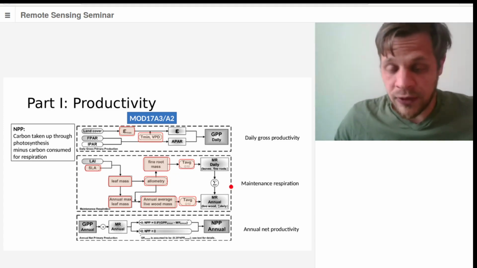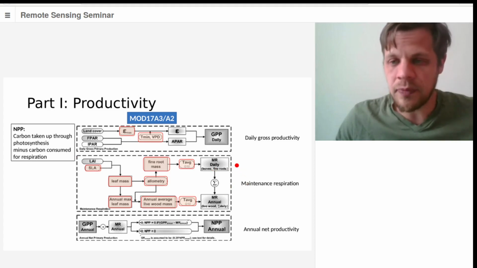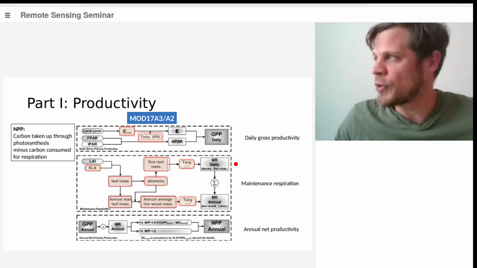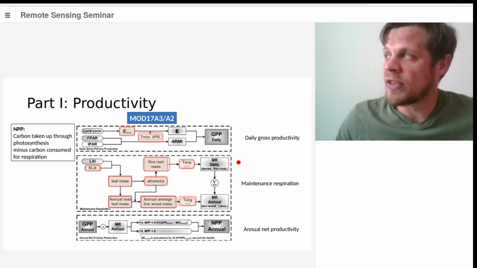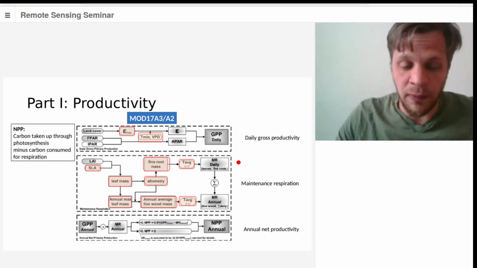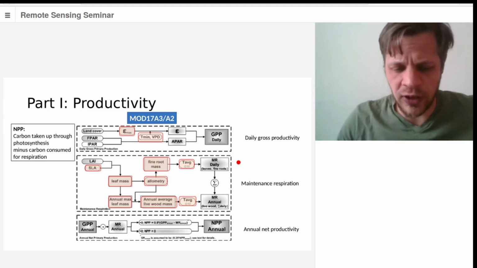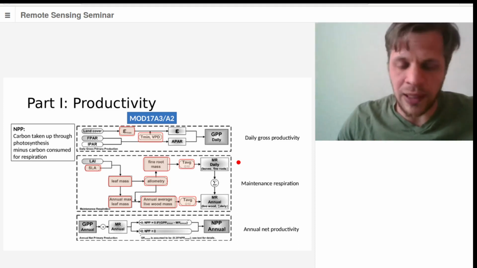Then we have this big block here, which is maintenance respiration. Because when we want to calculate net primary productivity, we have to subtract everything that is used for maintenance respiration, so that we get an overall balance in the end.